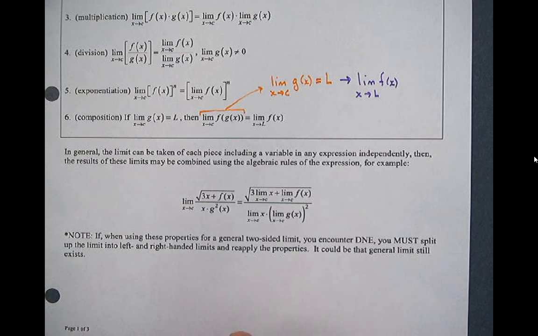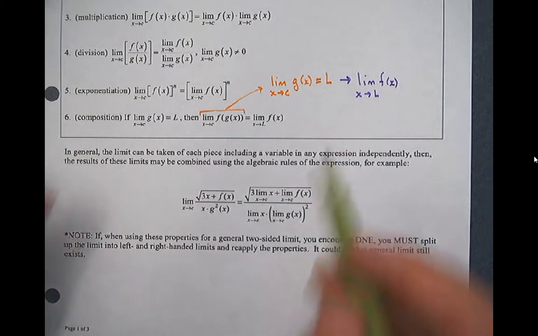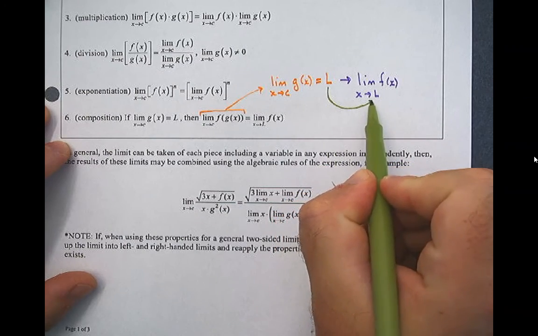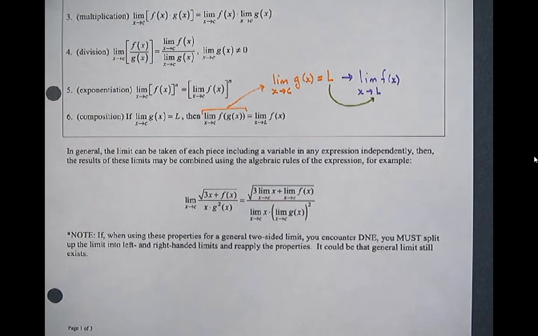So the limit of the g function becomes what x approaches for the f function. And we'll get into some examples about that.